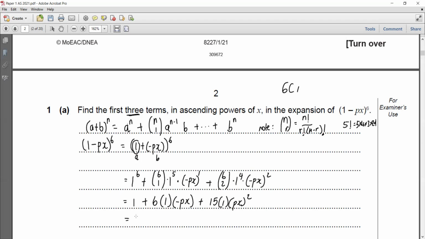Simplifying this, this is 1 minus 6px, since the negative multiplies the 6 and they become negative 6px. And then this one is positive, so I have 15, and (px) squared is just p squared x squared, so this is 15 p squared x squared.